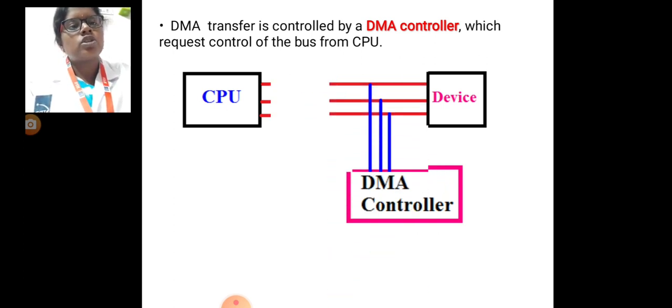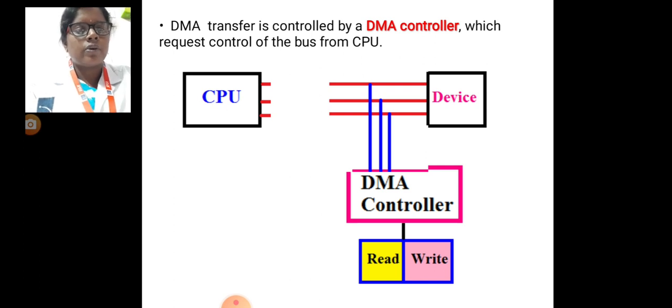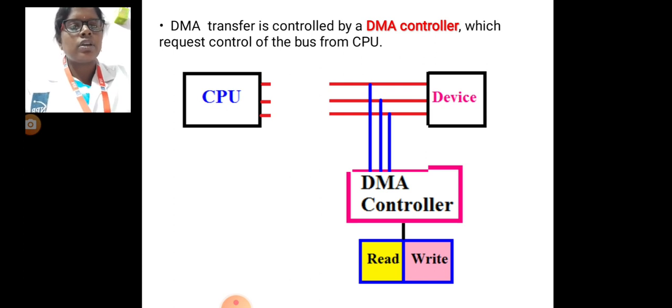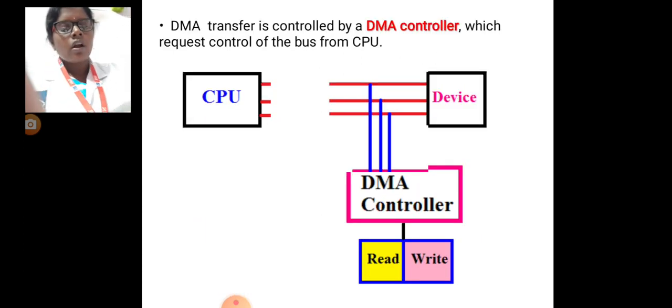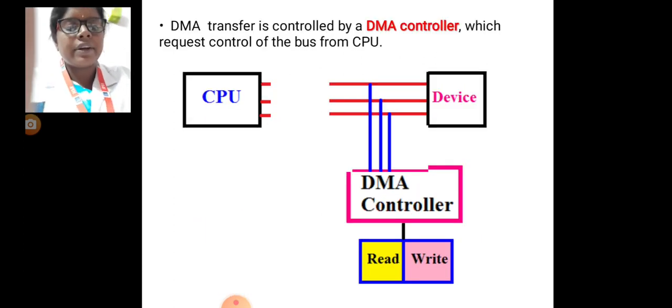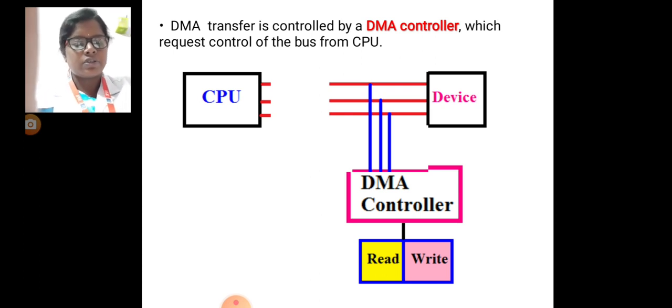The data bus and control buses are used to transfer the data. After this process, the data is given to the DMA controller, which will hold it for read and write. DMA transfer is facilitated by the DMAC, which is the DMA controller.